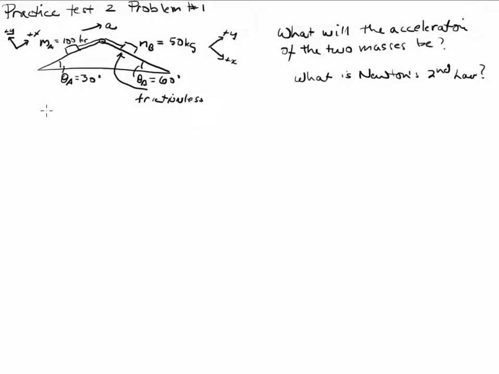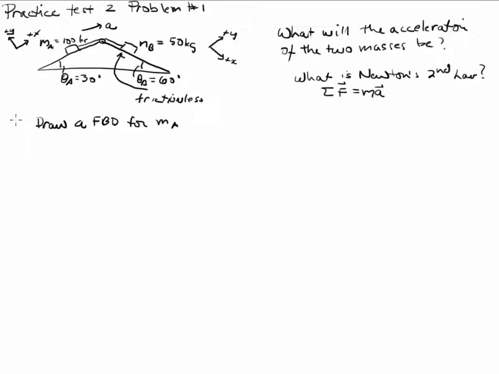What is Newton's second law? Of course, the sum of the forces is equal to the mass times acceleration. Now we need to write Newton's second law of motion for each mass.